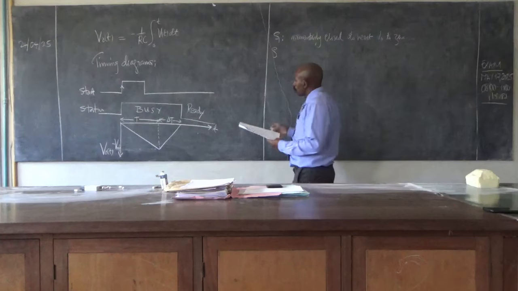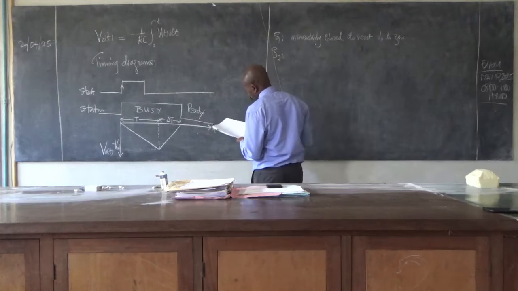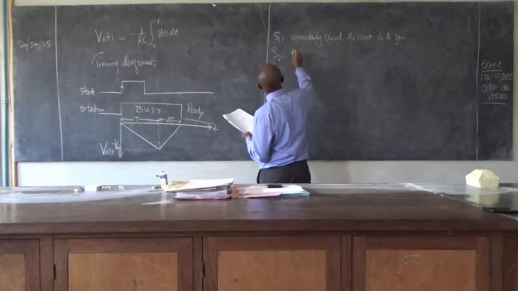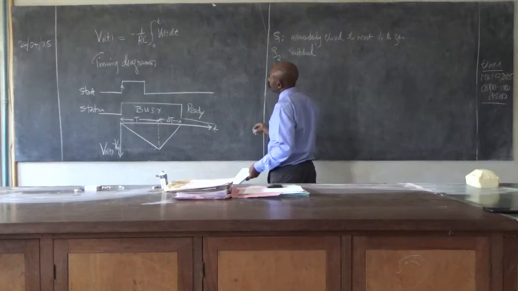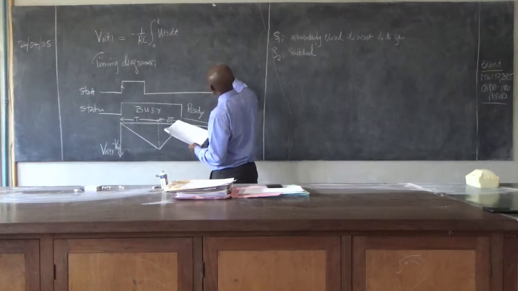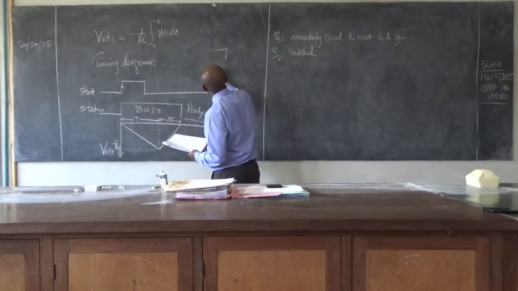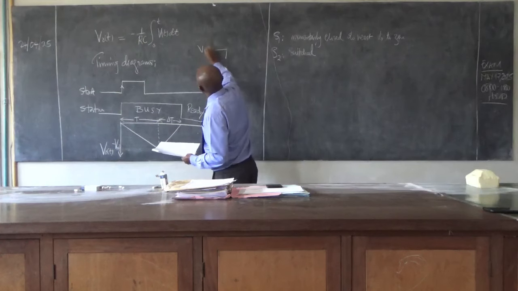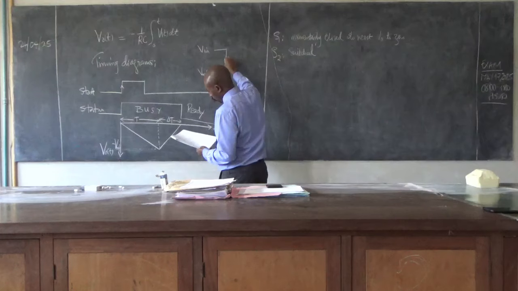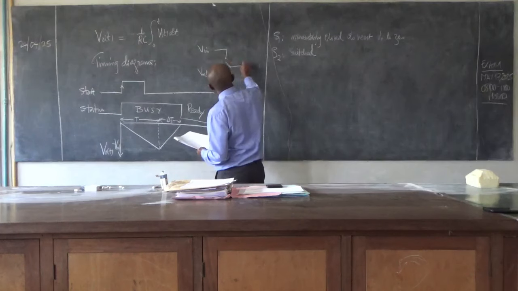Now S2, if it is switched to Vin. Vin was the upper part. So this one was Vref, this was Vin, and this is the switch, S2.